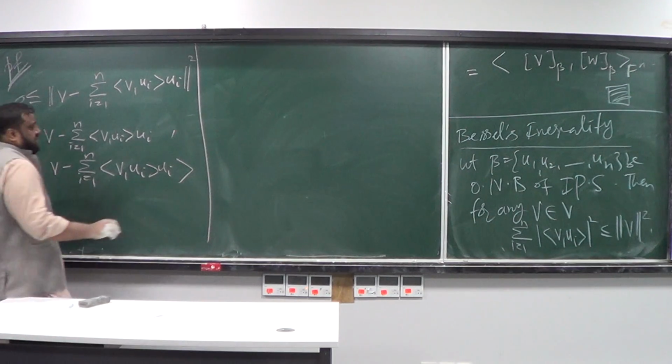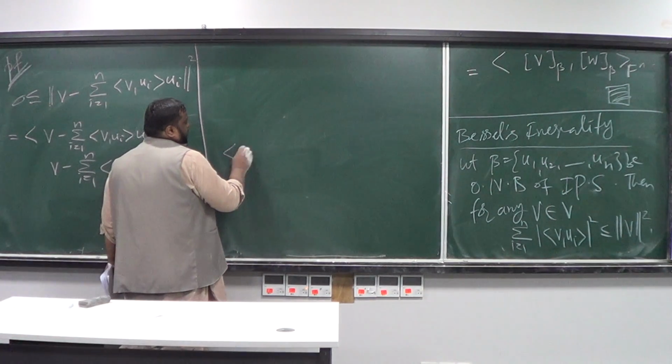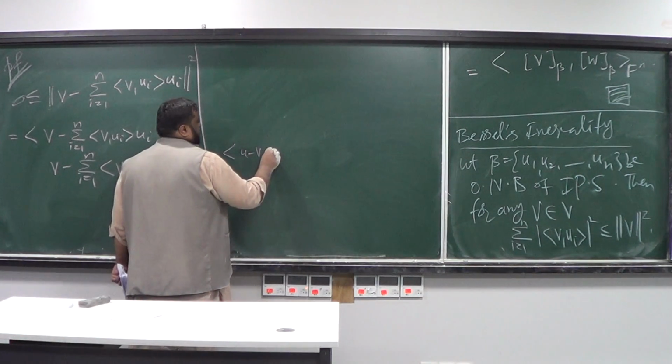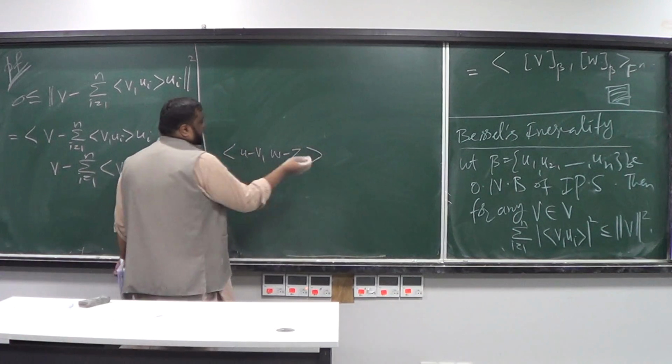So this is like a situation where you have u minus v and w minus z in an inner product.